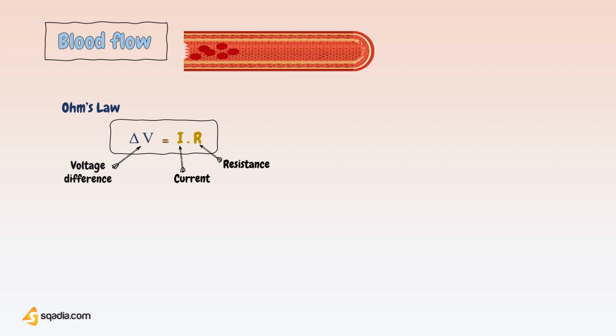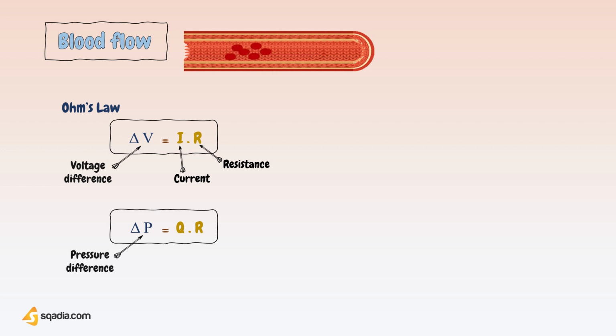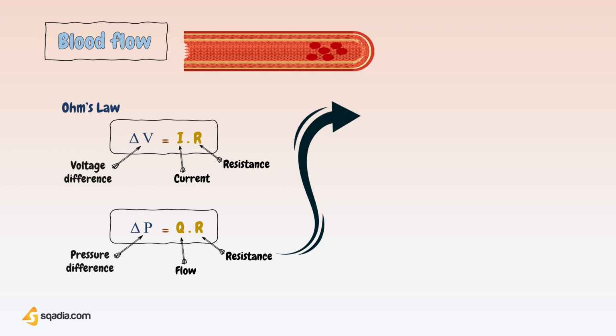In terms of blood flow, this equation can be written as delta P is equal to Q into R, which represents the pressure difference, delta P, between an upstream point, for example P1, and a downstream site, for example P2, is equal to the product of the blood flow, Q, and the resistance, R, between those 2 points. From this equation we can derive Q is equal to delta P by R.